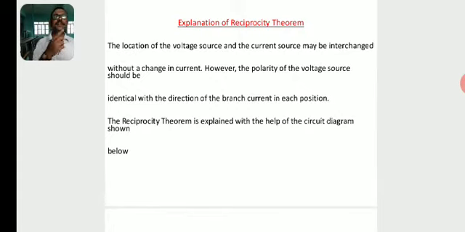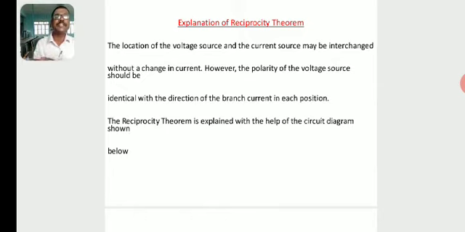Now an explanation of the reciprocity theorem. The location of the voltage source and the current source may be interchanged without a change in current, just as we observed in the previous circuits.